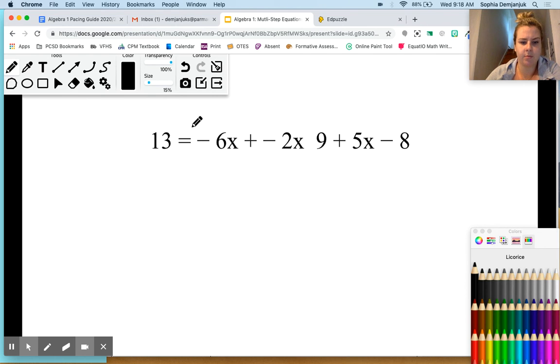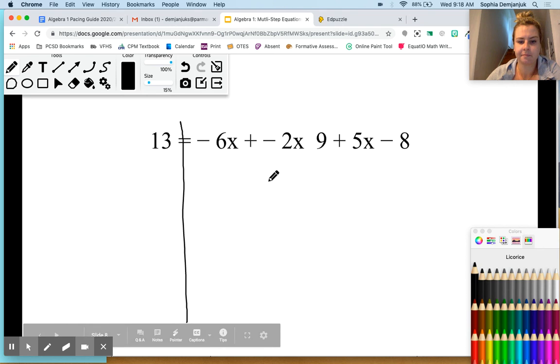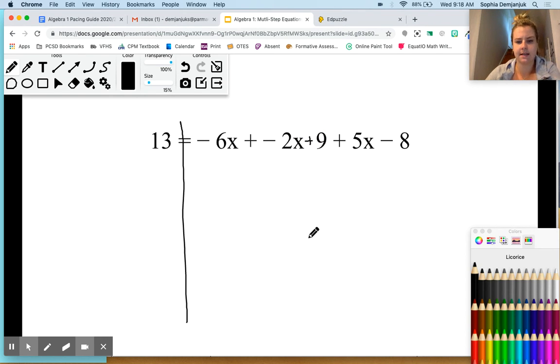And then your example to do on your own, last one. Make sure that you have a plus sign right in between the 2x and the 9.